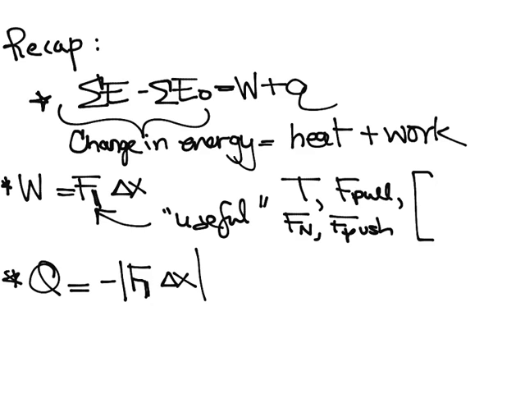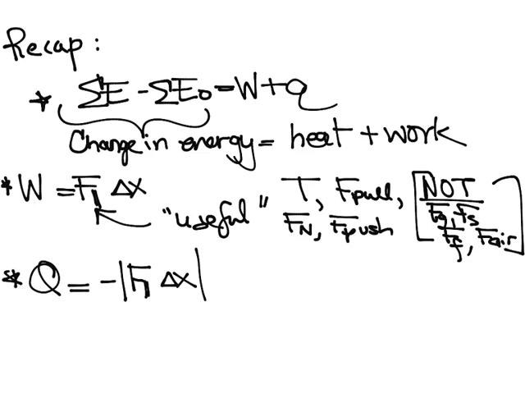Okay, specifically not Fg, F spring, F from friction, or F air resistance. Okay, F friction and F air resistance cause heat, so we have Q equals minus F parallel delta X, and this could be from friction or from air resistance.